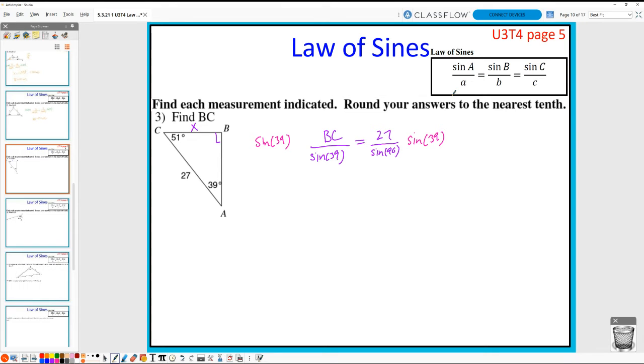So I'm going to do 27 times sine of 39. If you divide by sine of 90, you'll get the same answer. Even if you don't, you'll still get the same answer because it is 1. Again, 16.991 dot dot dot. This rounds to 17.0.